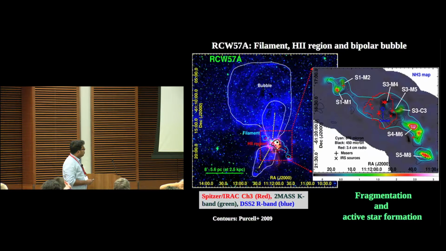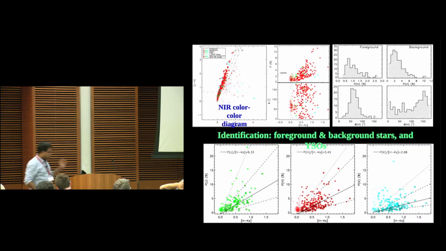In the center, the H II region is embedded, from which the larger scale bipolar bubble has emerged. The interstellar objects are distributed along the filament. In both gas as well as dust continuum emission, this filament is further fragmented into different clumps, and each clump is further fragmented into cores. These plus marks are the major sources, and there are many IRS sources embedded within the H II region. So this is a very nice target to study the importance of magnetic fields.